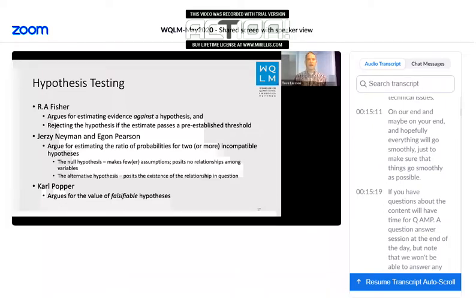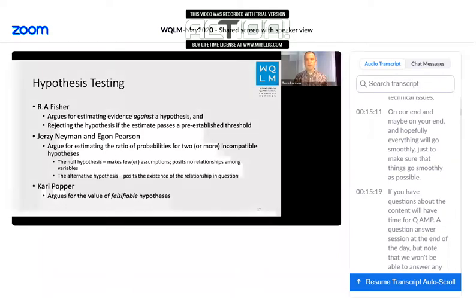It doesn't posit any relationship among the variables, and it basically says that nothing is happening in the data with regard to a particular variable. The alternative hypothesis says that something is happening and that there is a relationship, and it makes more assumptions.